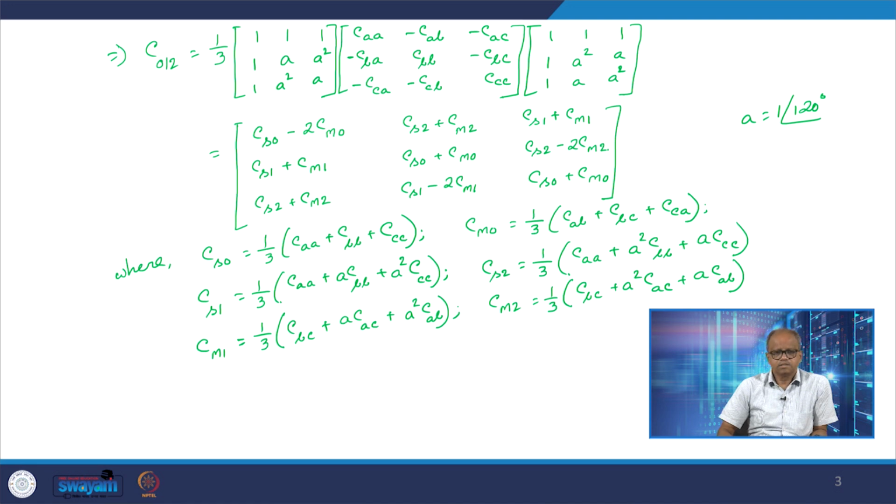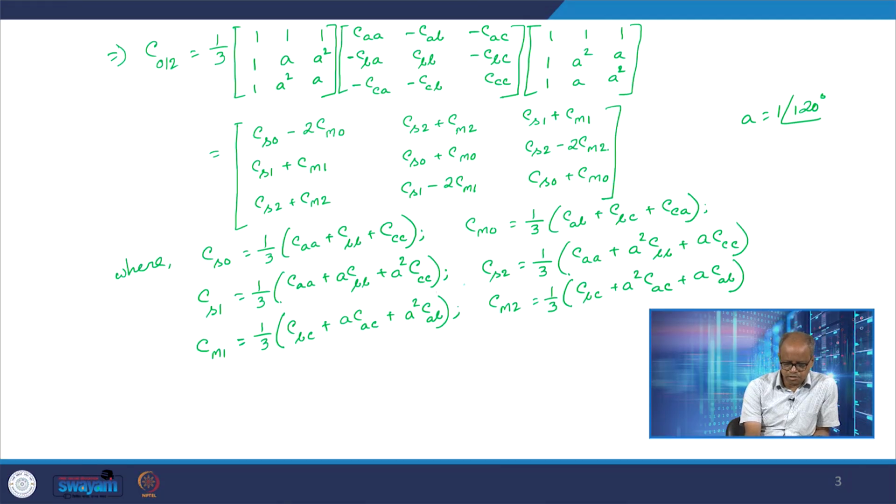And in case my transmission line is completely transposed, as we have already done in the calculation of sequence impedance matrices, we have already shown that in that case all these quantities CS1, CS2, CM1 and CM2 will turn out to be completely 0.